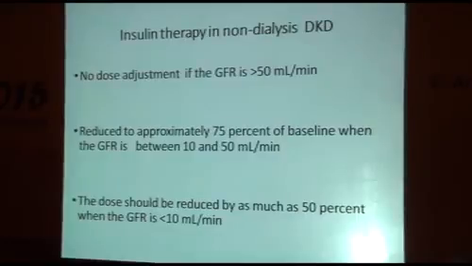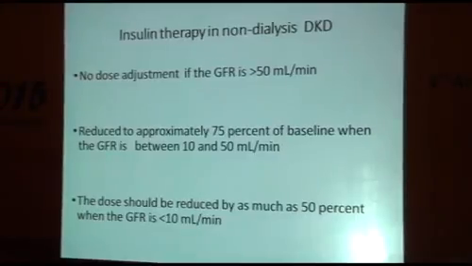Coming to insulin therapy in non-dialysis CKD patients. When GFR is more than 50 ml per minute, no dosage adjustment is required. On the other hand, if it gets reduced to anywhere between 10 to 50, we need a 25% reduction, that is to 75% of the baseline.